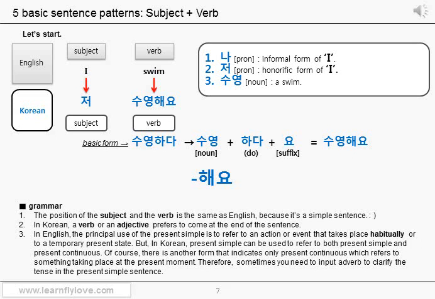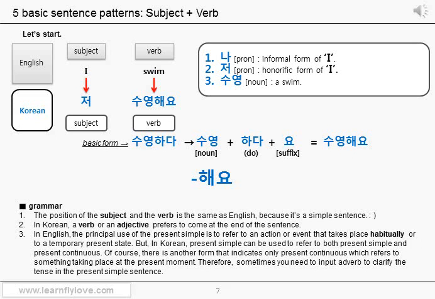We can say that it's a noun plus 하다 verb or a noun plus do verb. And as we already learned, the present simple form of the verb swim with the honorific suffix 요 is 수영해요. 수영해요. So, I, 저, swim. 수영해요. 저 수영해요. Easy, isn't it?